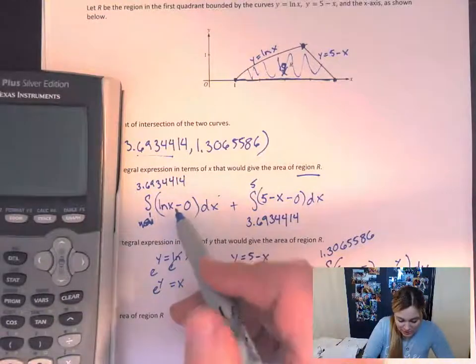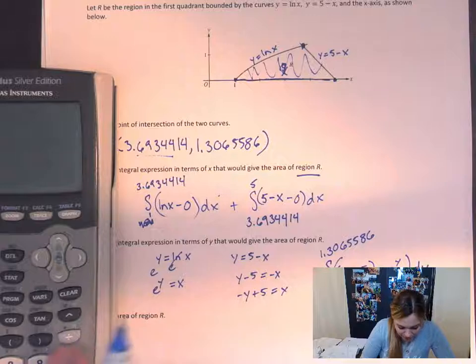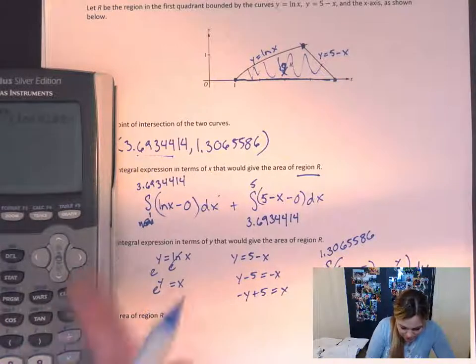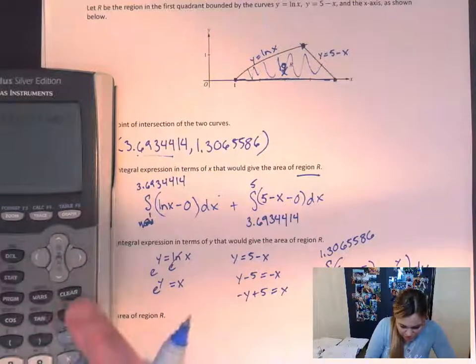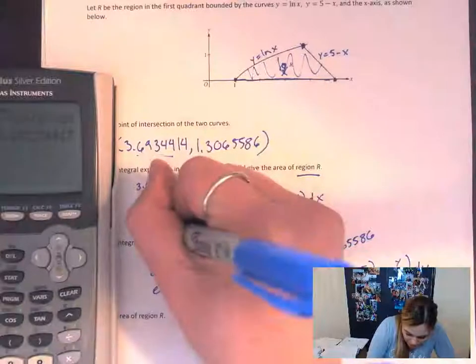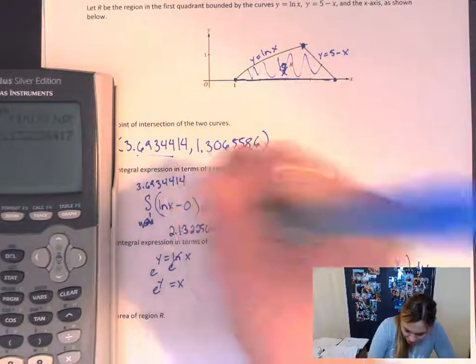Okay, so if I do this one again, remember my y1 was ln of x, so I'm going to go math 9, 1 to 3.6934414, ln of x. That gives 2.1322564.